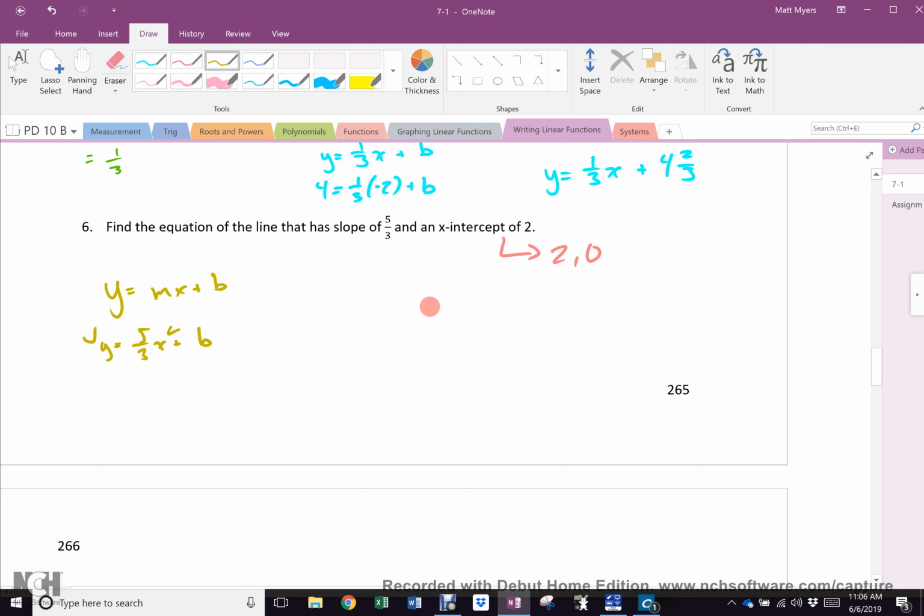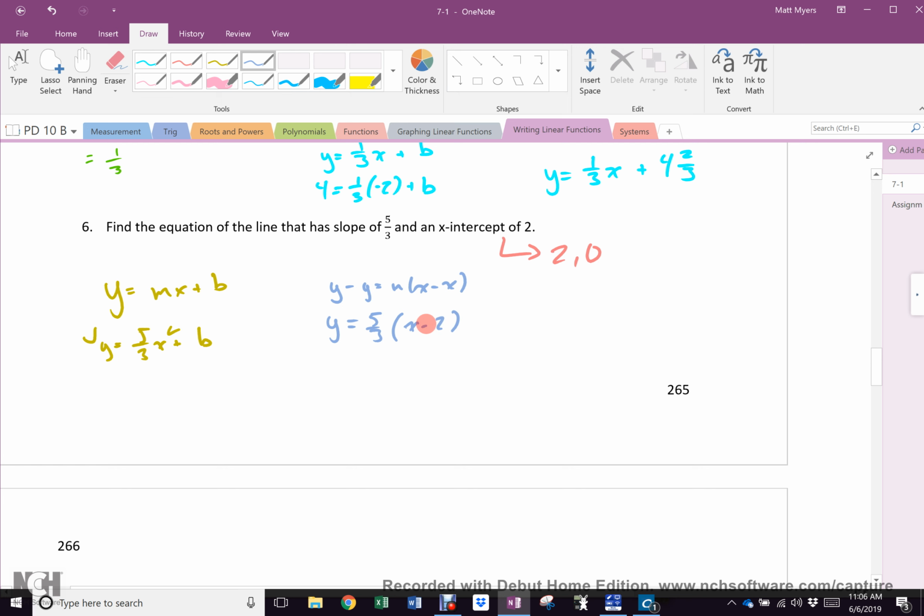Or y minus y1 equals m times x minus x1. Y minus 0 is what? Y equals 5/3 x minus 2.